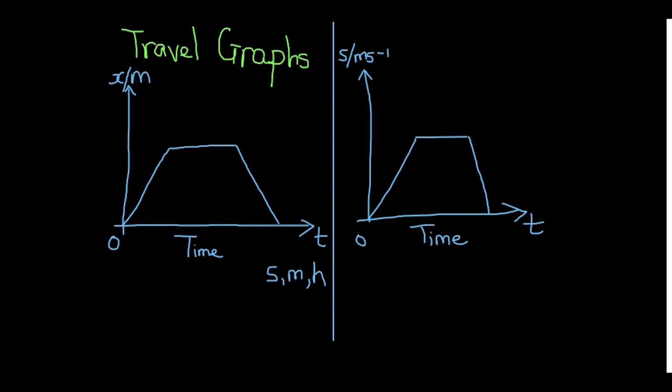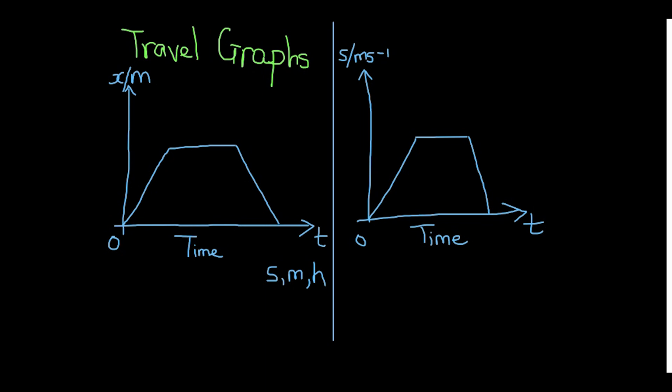So we'd have speed on our y-axis, and in this case I'm just using our SI units, meter per second. But speed doesn't only have to be represented using meter per second. It could sometimes be represented by kilometers per hour, because for those of us who are familiar with vehicles, your speed is measured in kilometers per hour.